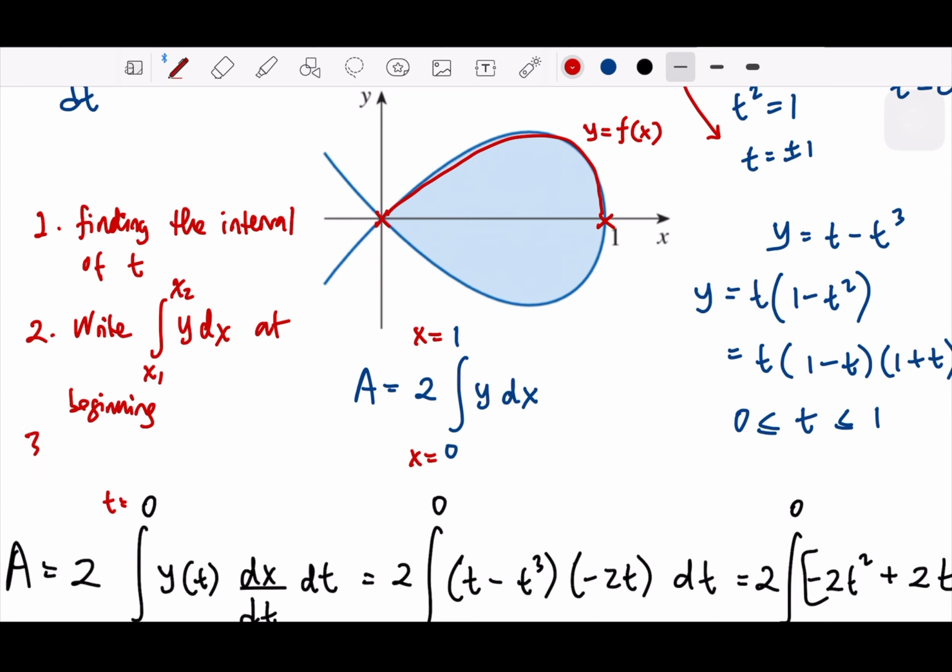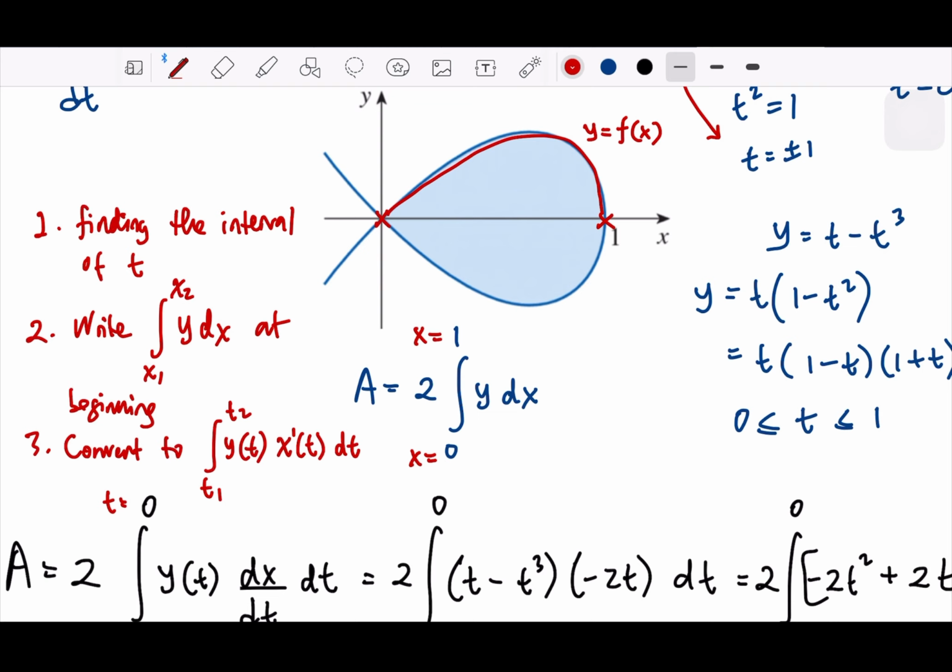And then third, convert to the integral, and I think in most cases these will be the steps.